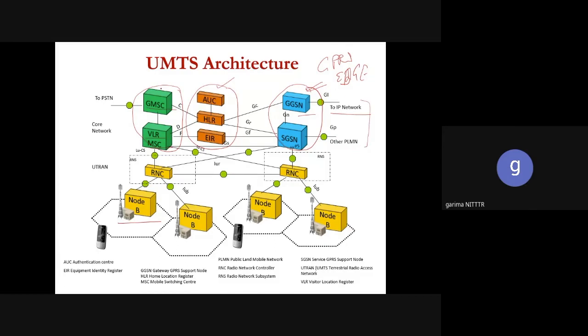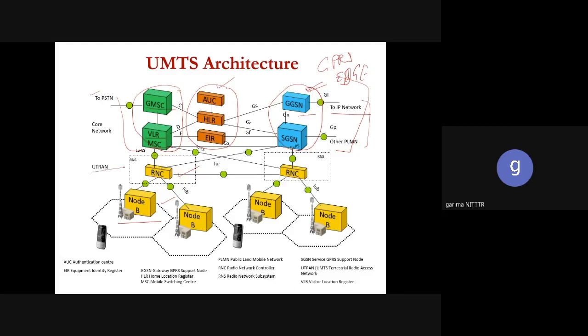Then this whole infrastructure related to PSTN and the core network was used by 3G itself to give data facilities to the user. But the additional infrastructure is the radio network controller and Node B, because Node B was more intelligent as compared to the base station in 2G, and the radio network controller is also more intelligent as compared to the BTS in the 2G network.